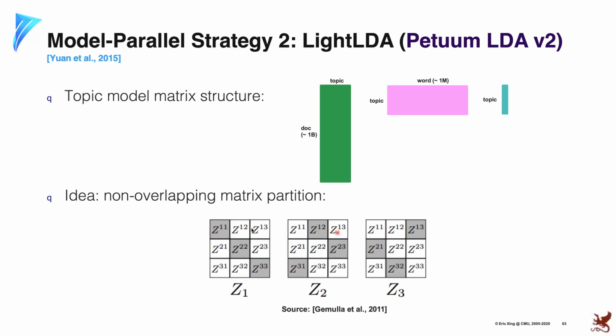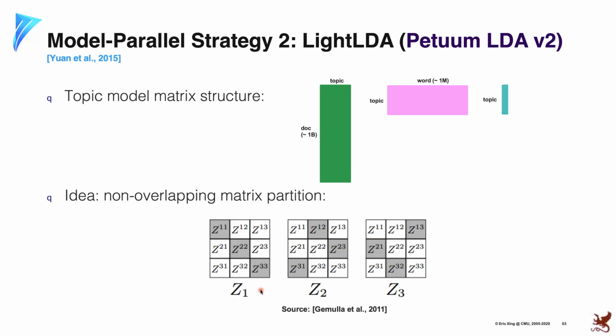Interestingly, once we do the selection like this, each of these 3 parallel workers will not affect each other, and if we integrate all these shaded entries together, we get the original word-topic matrix. So that's the key idea of LightLDA.